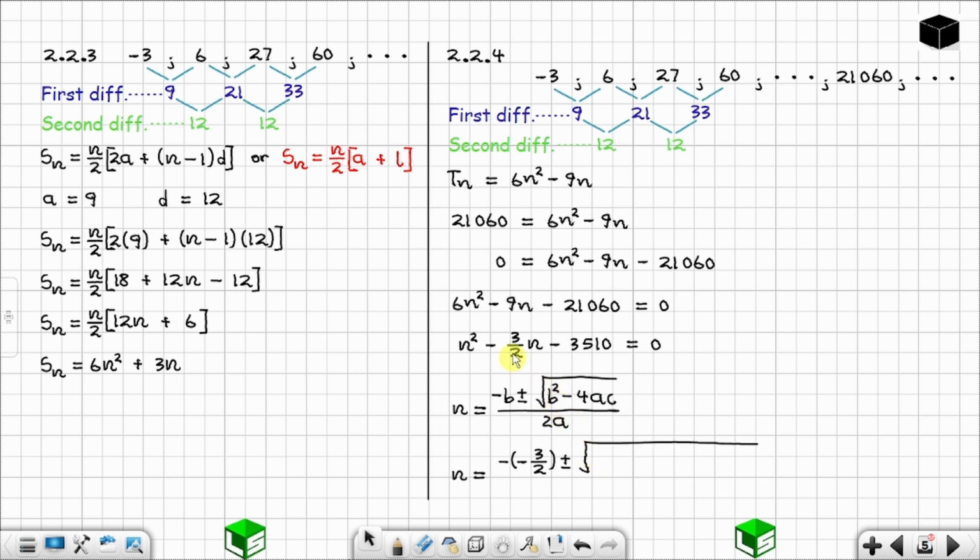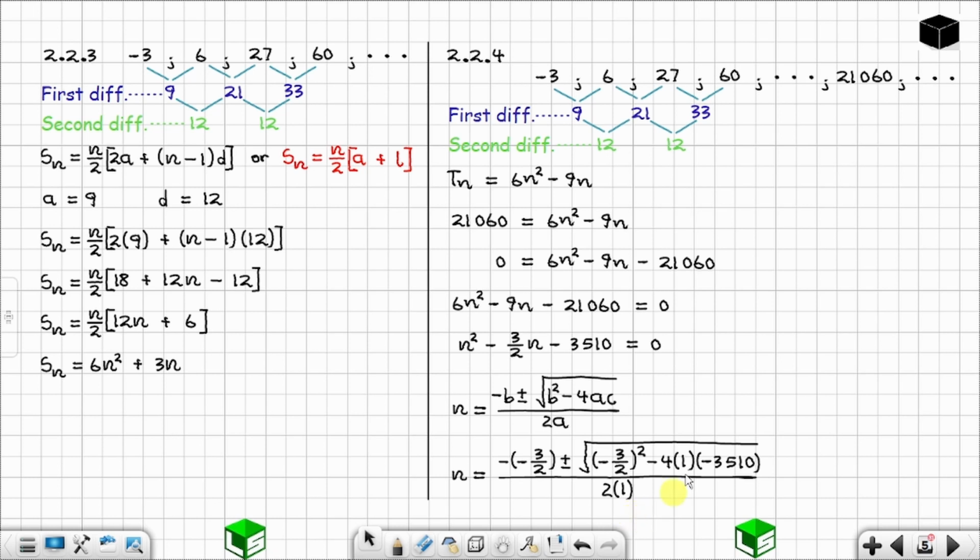You have b squared, this is b, negative 3 over 2, remember squared, minus 4a, what is a? A is 1, there is an invisible 1 there. And what is c? C is this, over 2 times a, which is 1.